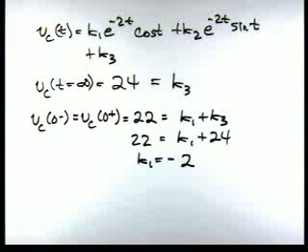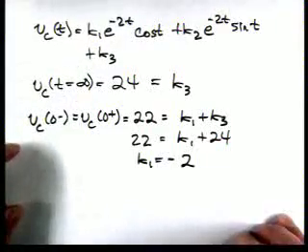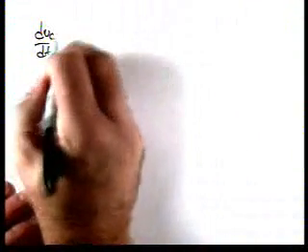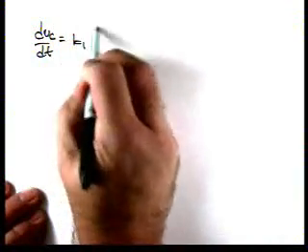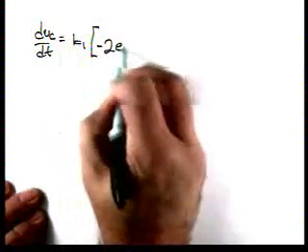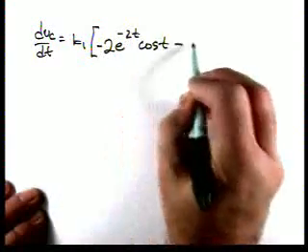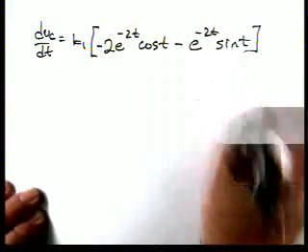Now, we've still got one other term. We need to take the derivative of VC of t. So dVC/dt then is K1 times minus 2 e to the minus 2t cosine t minus e to the minus 2t sine t. Again, we're having to use the chain rule here.